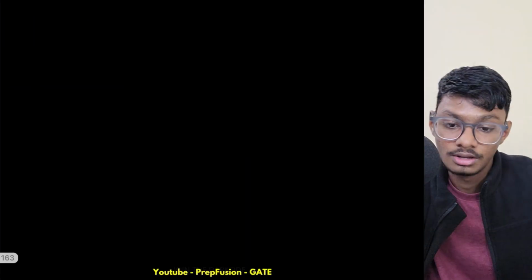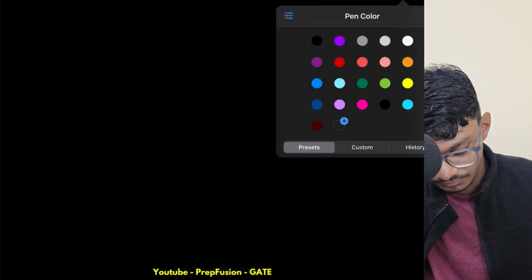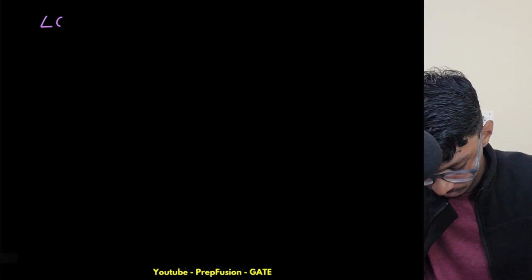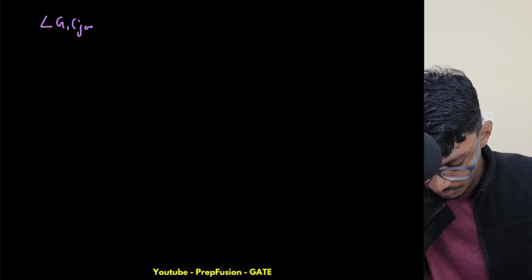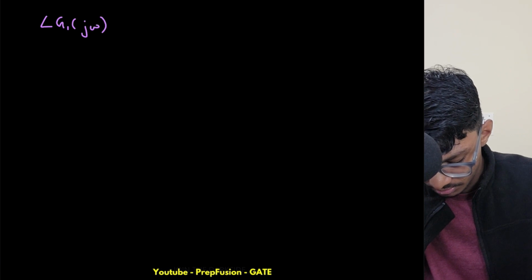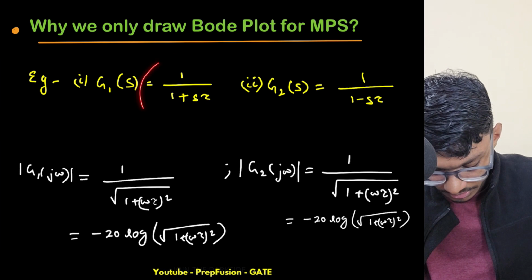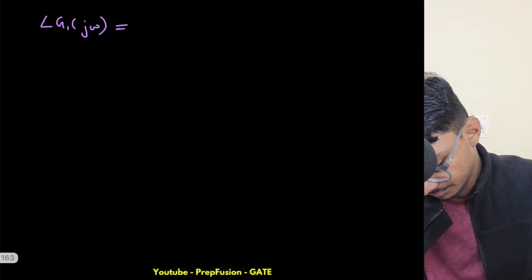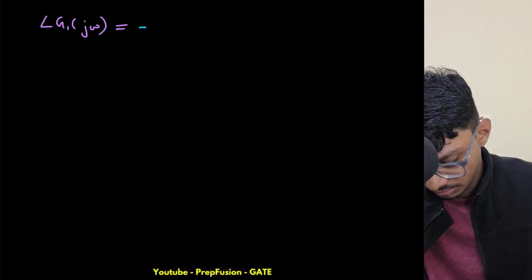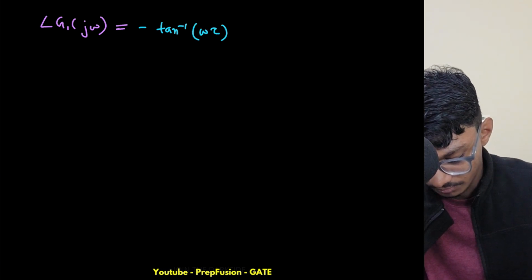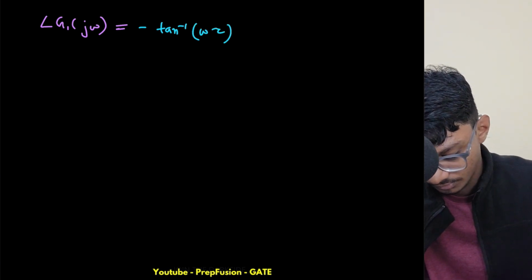Now what about my phase angle? Here, it's basically g1 of j omega. So what is my phase angle here? Phase angle for this one is minus tan inverse omega tau.